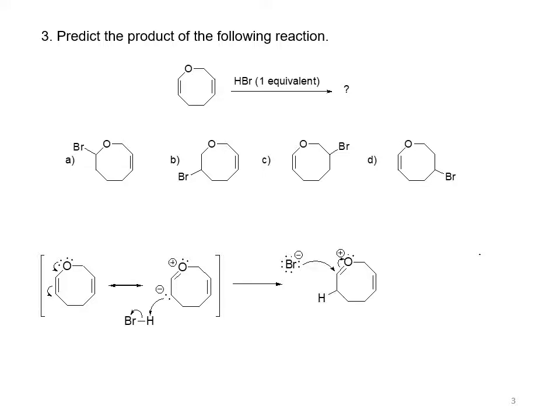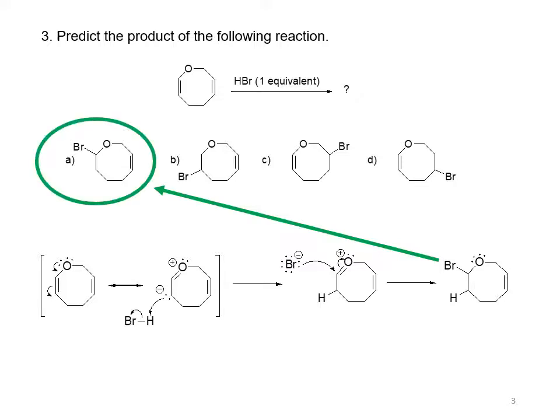And then in the second step, bromide anion reacts with second carbon, the electrophilic carbon, to give the final product. And now that you have identified the final product, you match it with 4 possible answers, and correct answer is A.